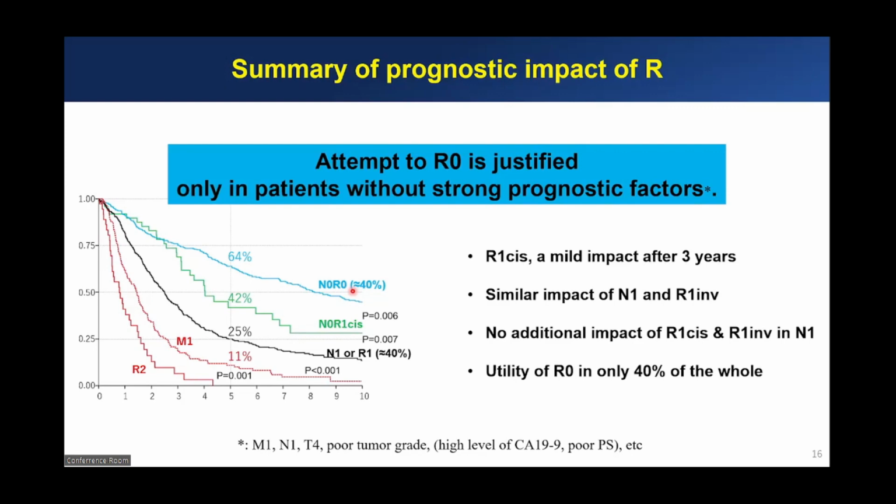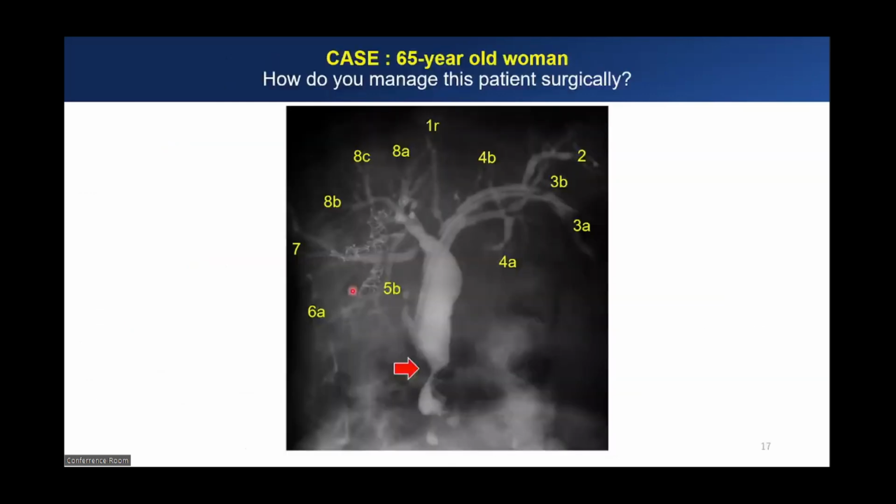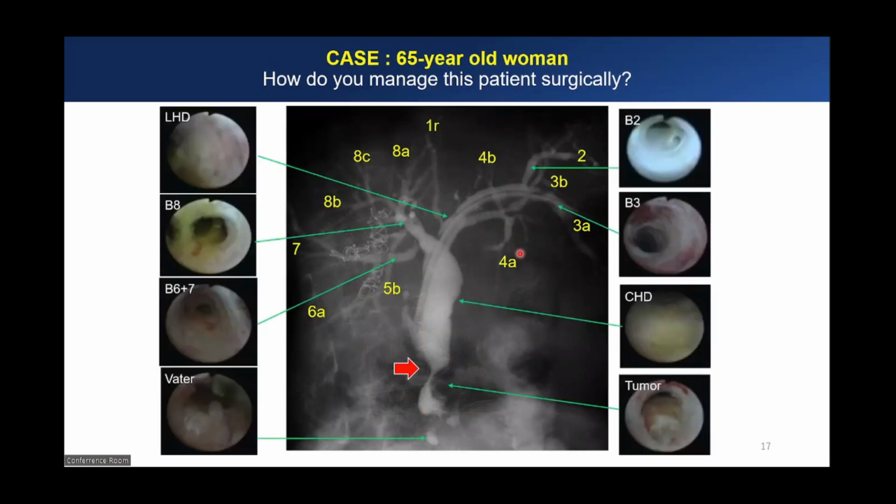So I show one case now. This is not hilar cholangiocarcinoma. It is distal cholangiocarcinoma with nodal status, nodal metastasis. And this is PTBD catheter in here. And we performed the cholangioscopic examination.